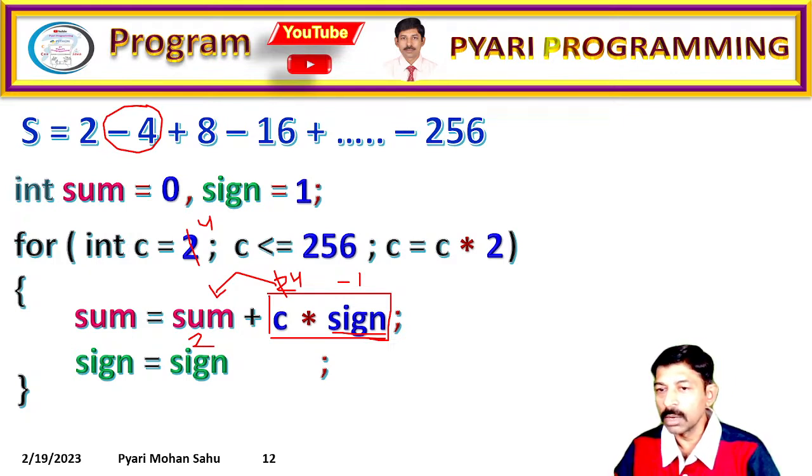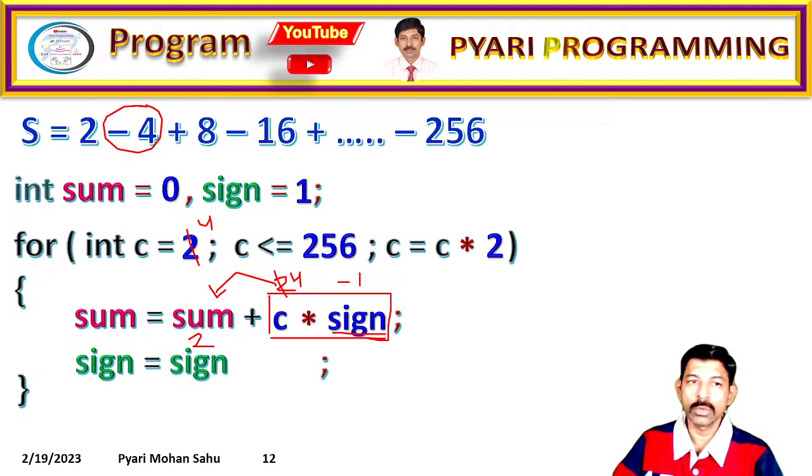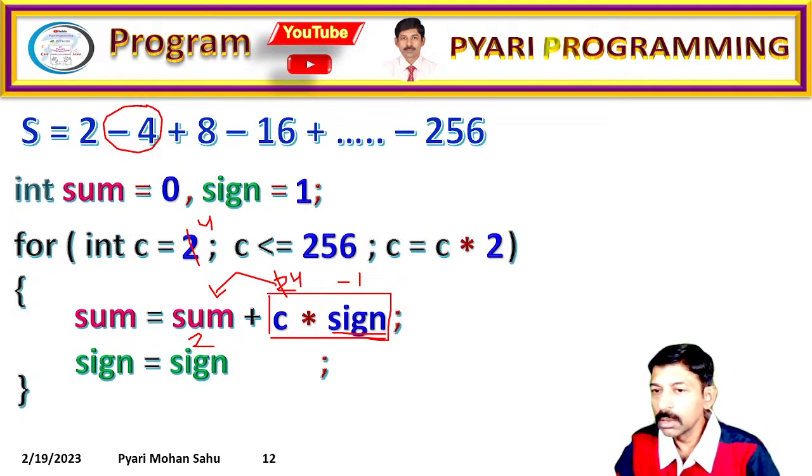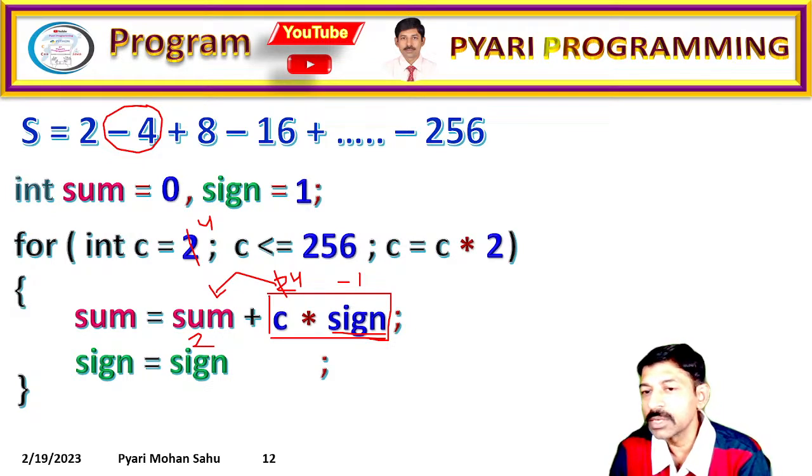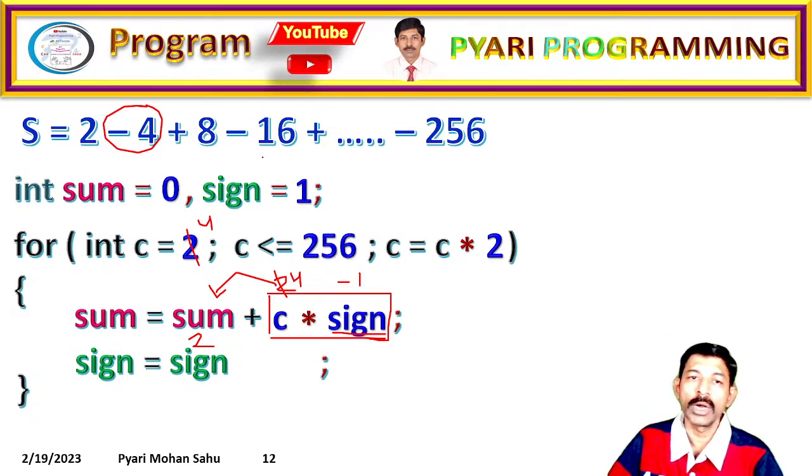Into minus 1. Okay, sign is equal to sign into minus 1. It should be minus 1. Already plus 1 it is. Plus 1 into plus 1, so it will remain plus 1.